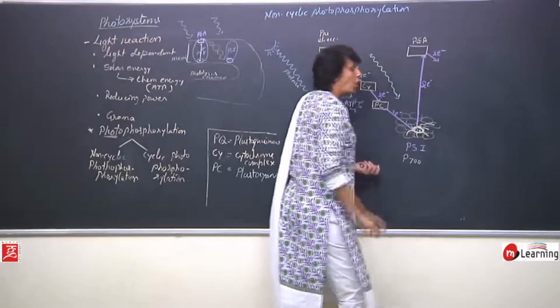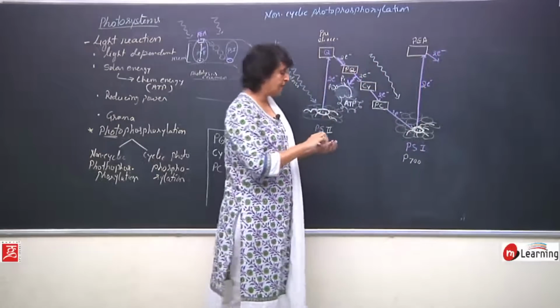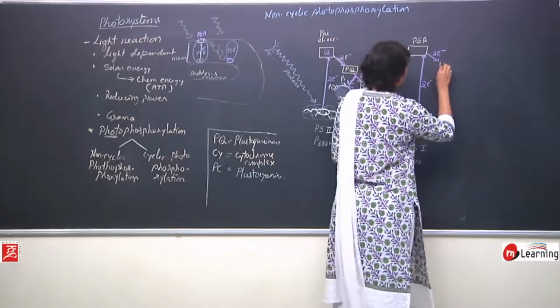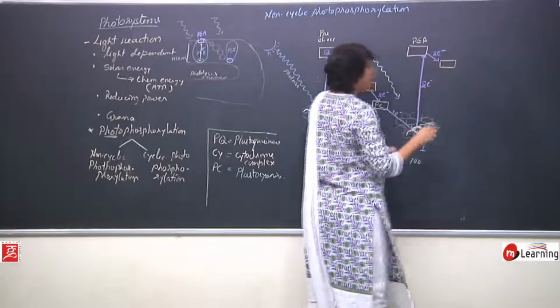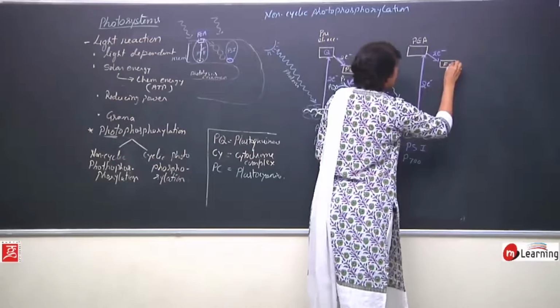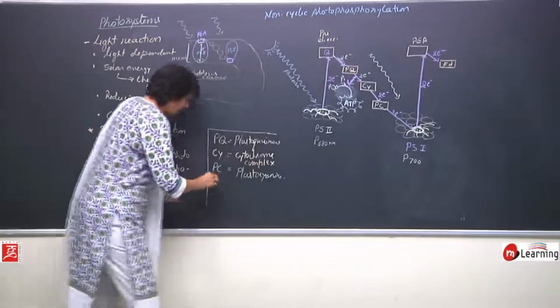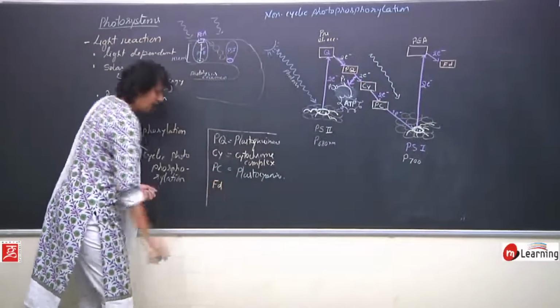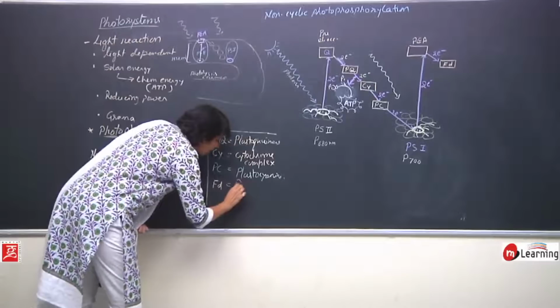From the primary electron acceptor, this pair of electrons is accepted by an electron acceptor which is written as FD. So let us write this FD here. FD stands for ferredoxin.